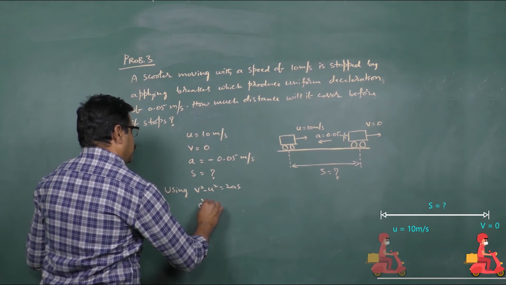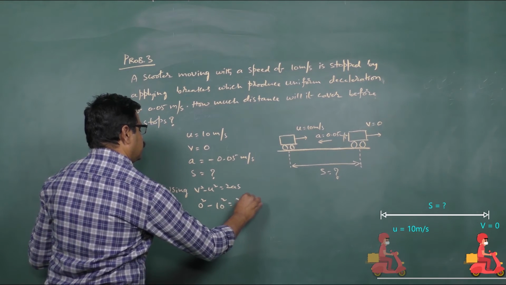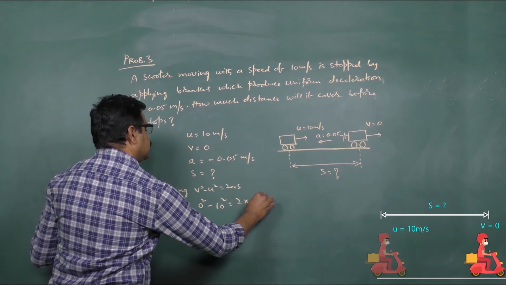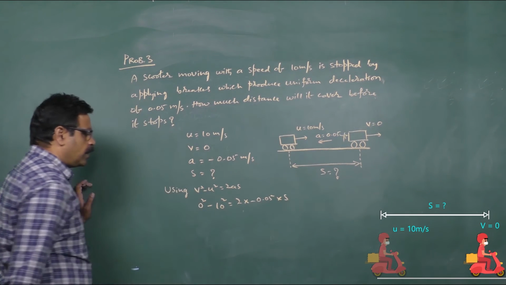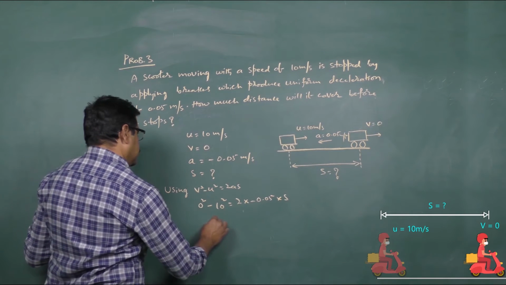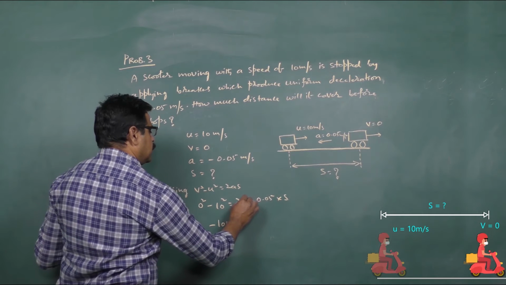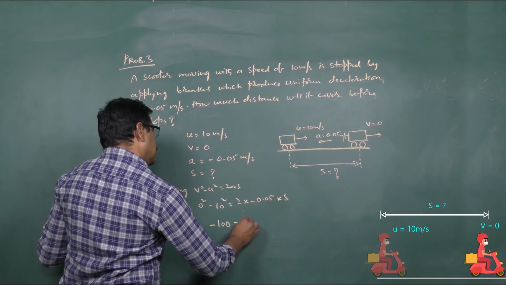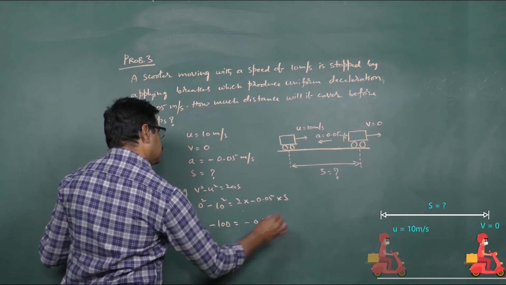So 0 squared minus u squared, 10 squared, is equal to 2 into a, which is minus 0.05, into s, the required thing. Simplifying this, here I will get minus 100, 10 into 10 is minus 100. This comes out to be minus 0.1 into s.